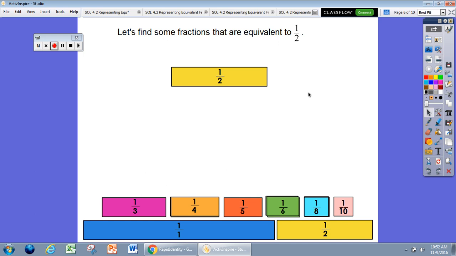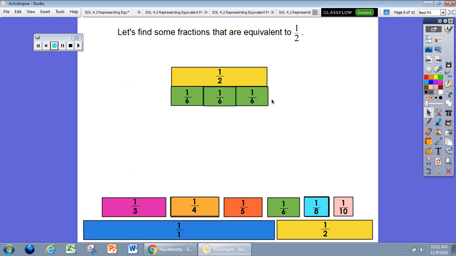I wonder how many sixths would be equivalent to 1/2. Go ahead and pause the video and build it in front of you. Great, you figured it out. 3/6 is equivalent to 1/2.